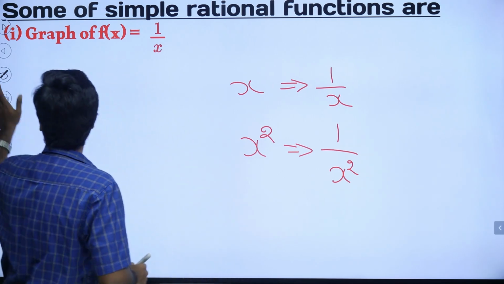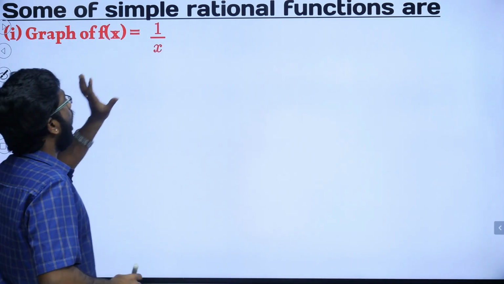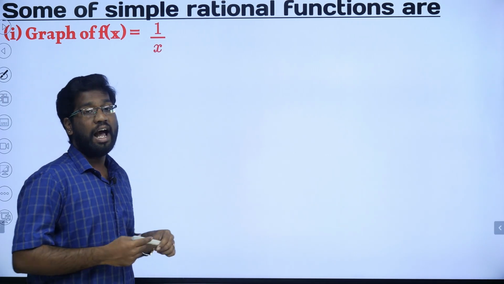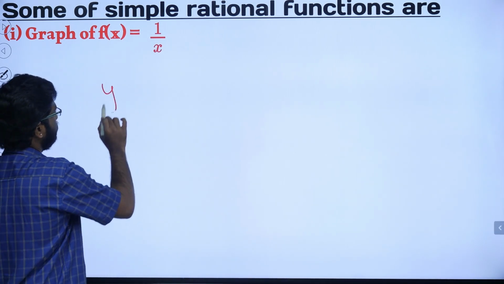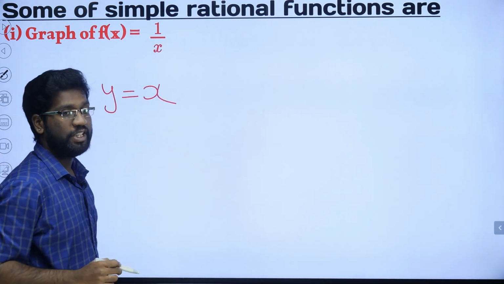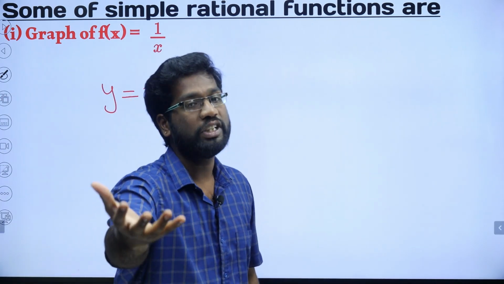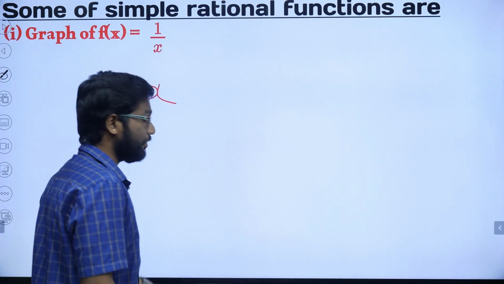So now let's see, my dear students, how to draw the graph for this 1 by x function. Already I have said the identity function, which is y is equal to x, which means what? Whatever input I am going to give, the same output I'll get. That's what this identity function means.